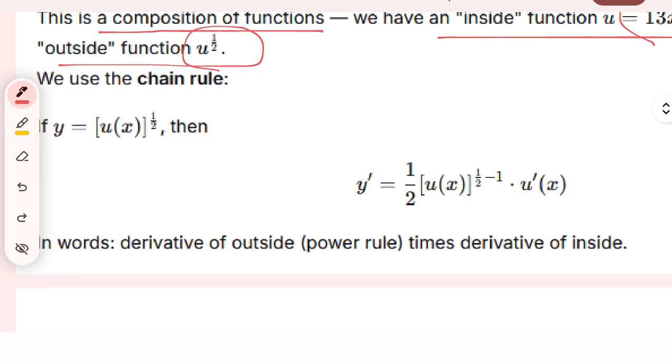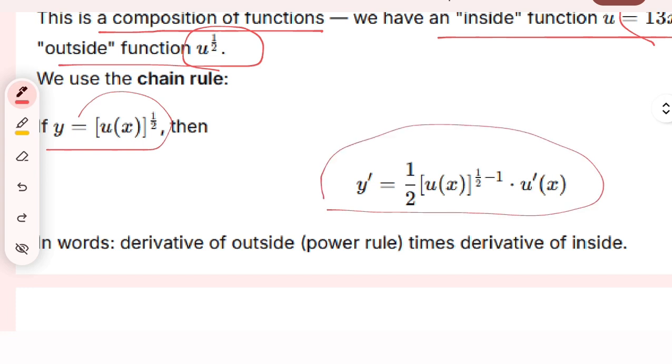And what is the chain rule again? It is this. If y is equal to this, then it would be equal to this. All right? So 1/2 of, look at this, and then you have here the derivative of x. So we'll be taking derivatives.